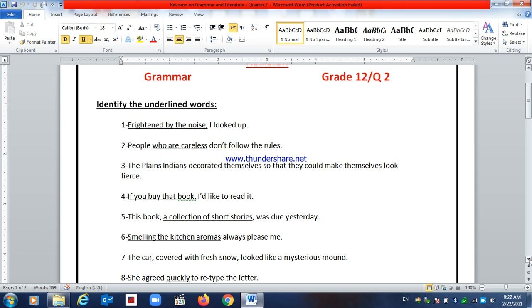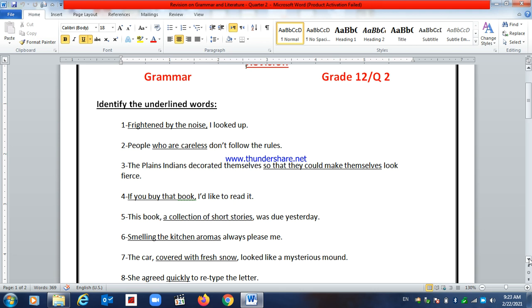Number 1, it's a phrase because no subject, no verb. Number 2, it gives me more information about the previous word and the words are inserted between commas, an appositive phrase. Number 5, an appositive phrase.